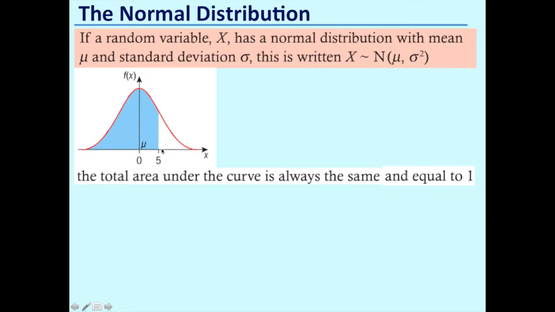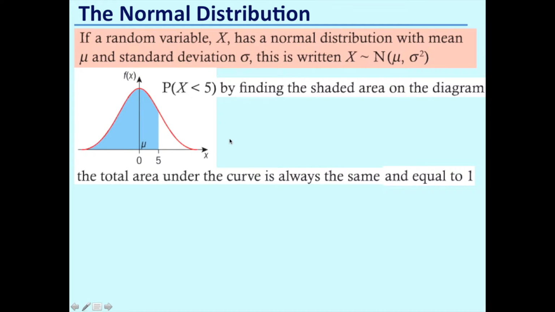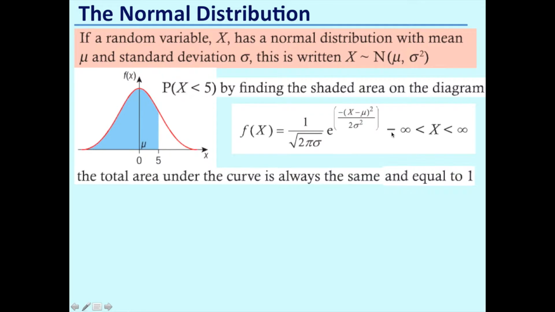In order to calculate the probability of a particular value, so here less than 5, we can calculate it ourselves, but it's a very complicated formula. So panic not, you're not expected to know or indeed use this formula because we can use a function on our calculator which effectively does that for us.